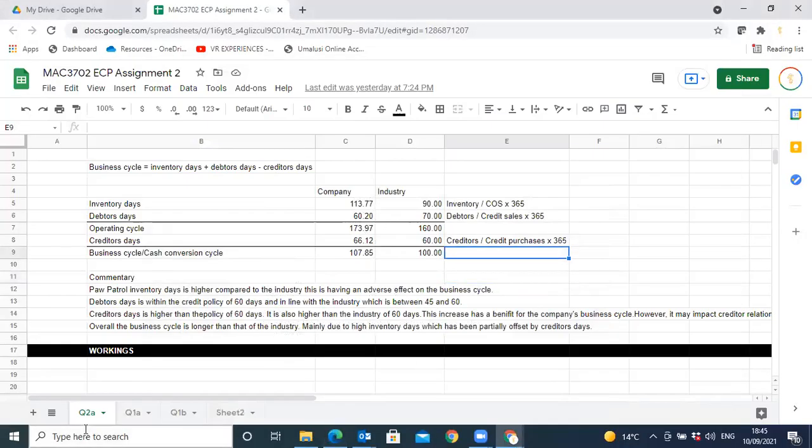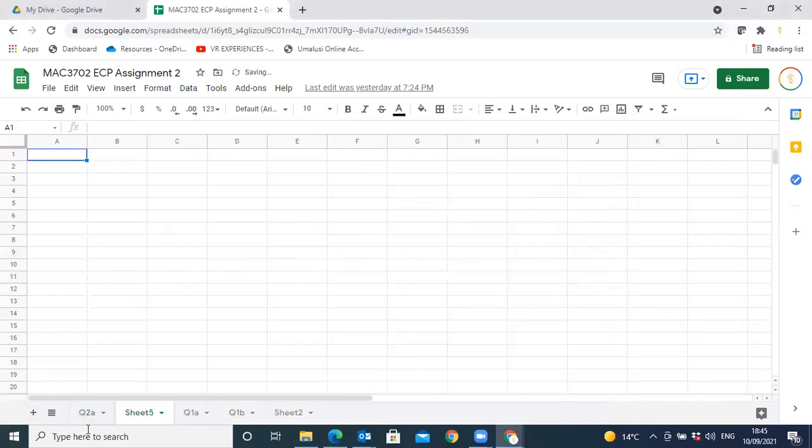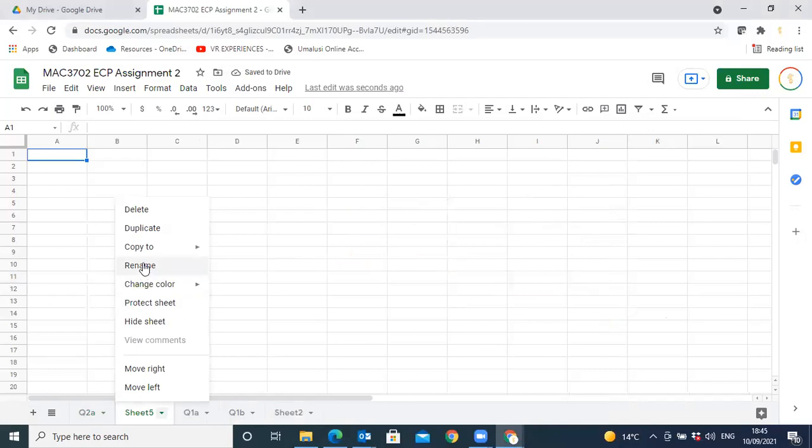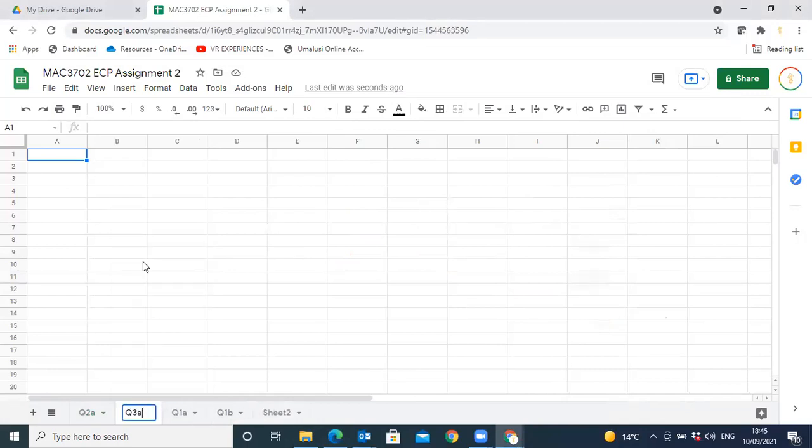Okay, so what is this Q3A? For these different types of profitability ratios, you will find them on the platform. There are two marks, so I'm assuming it's going to be two calculations.